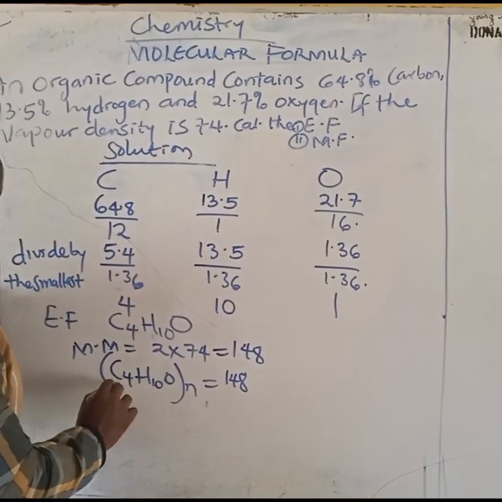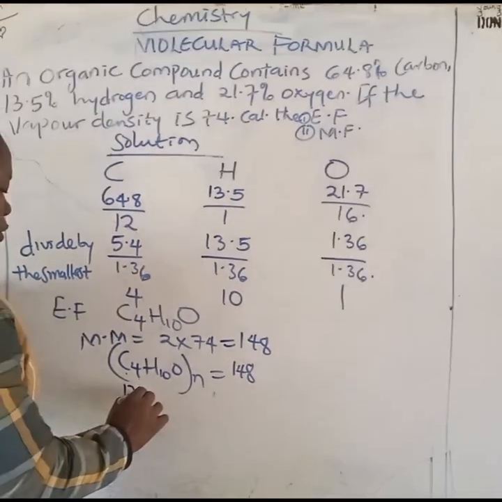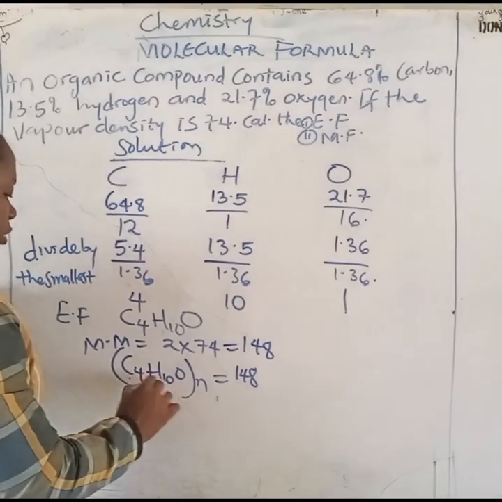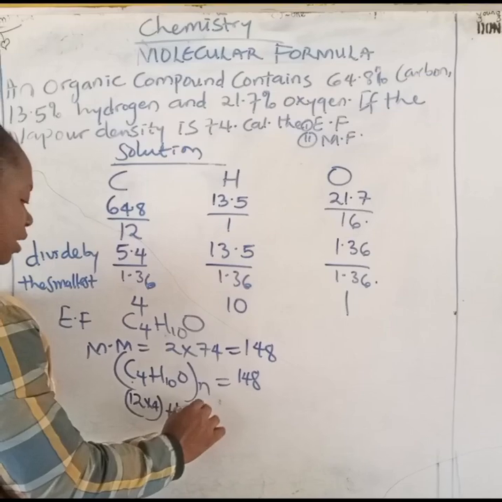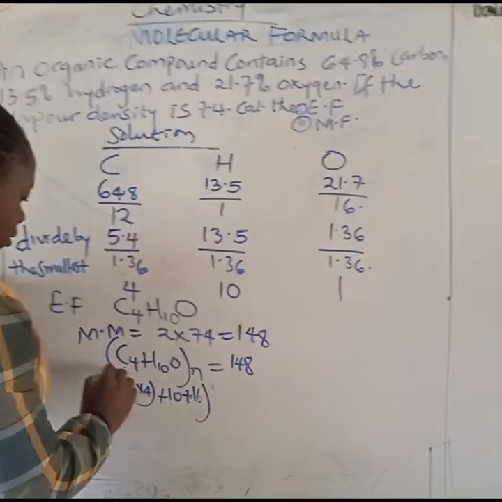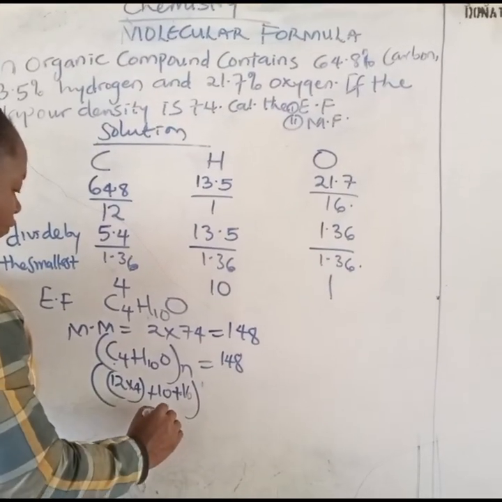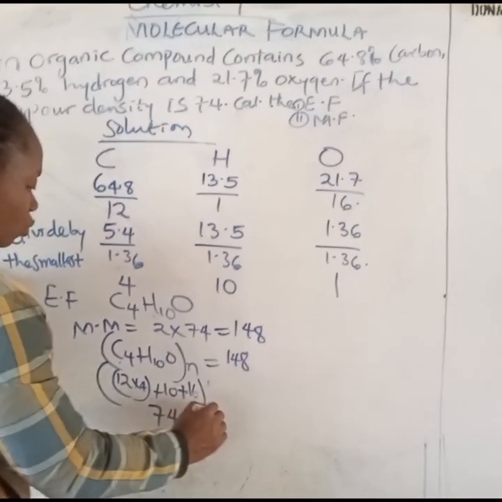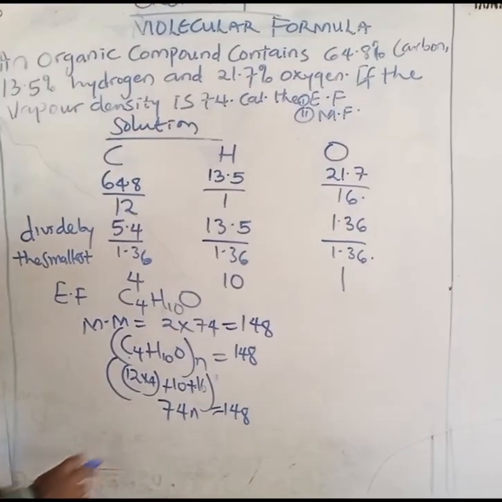So I'm going to have my carbon is 12 times 4, plus hydrogen is 1 times 10, plus 16. So everything here will have what? 74N equals 148.